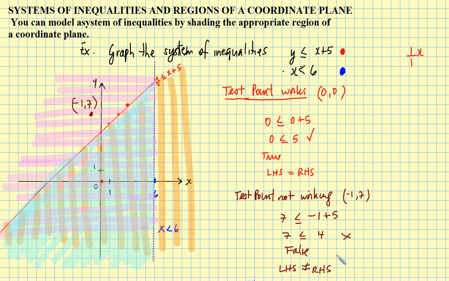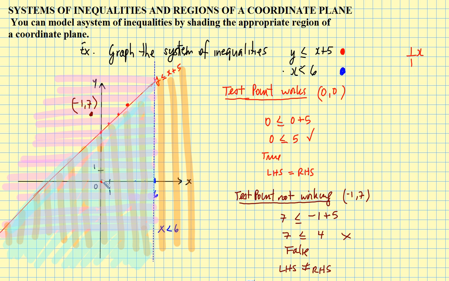Now let me just reiterate that this is not something that you are obligated to do. I am just showing you that the points that will make the two inequalities true have to be points that are found where there's the overlapping. And where there is no overlapping, those are the points where it's not going to work.